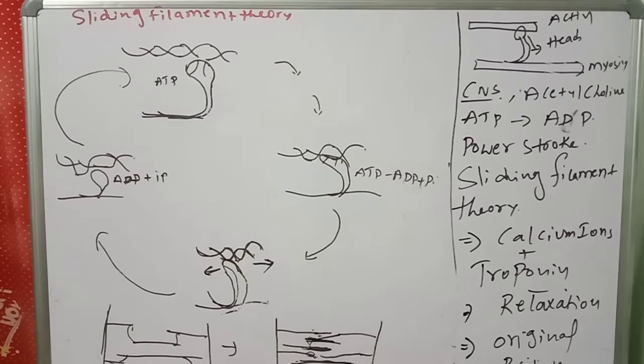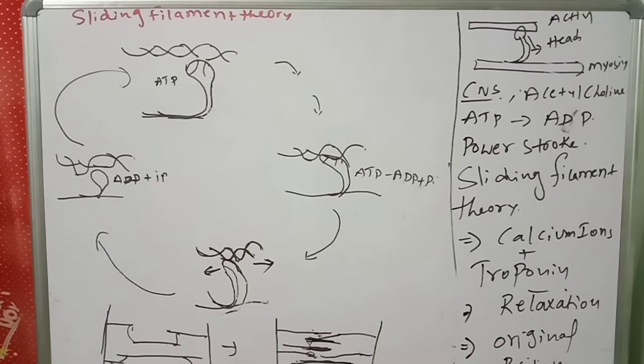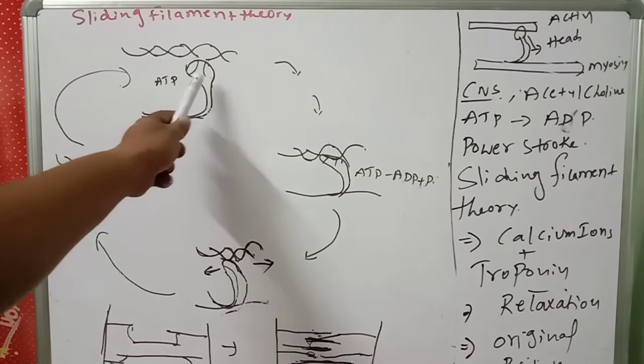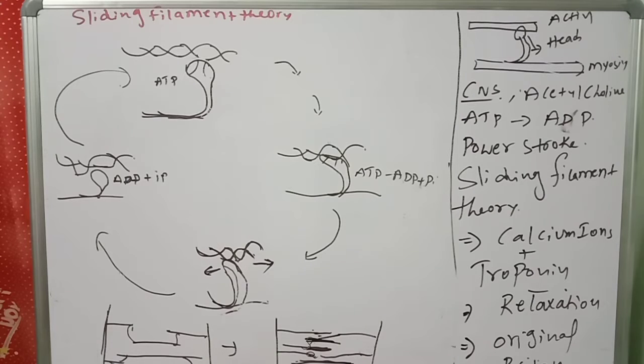First, ATP is converted to ADP and inorganic phosphate will be released, because of the ATPase enzyme that is present in the myosin head. Here ATP is there, and the myosin head is bound.